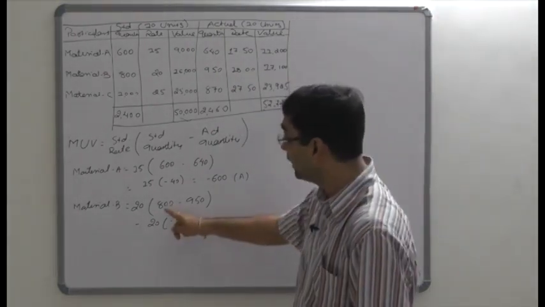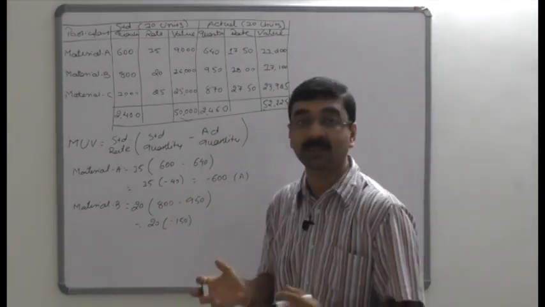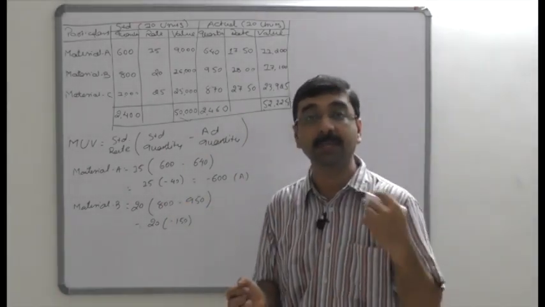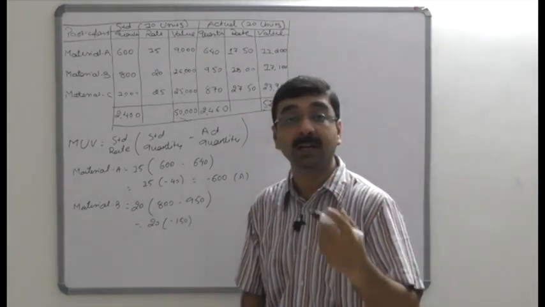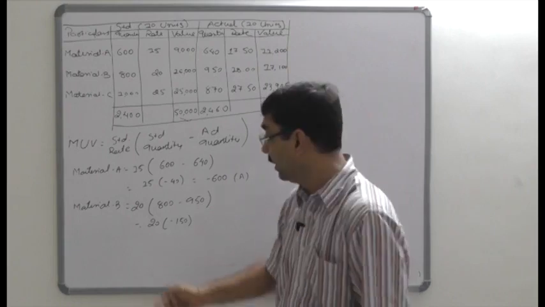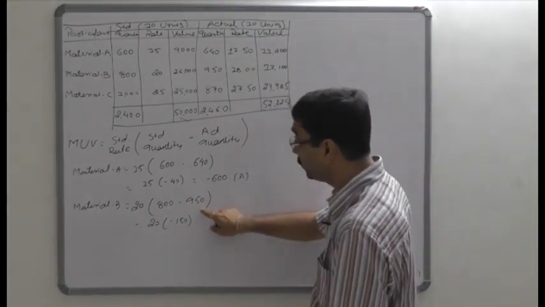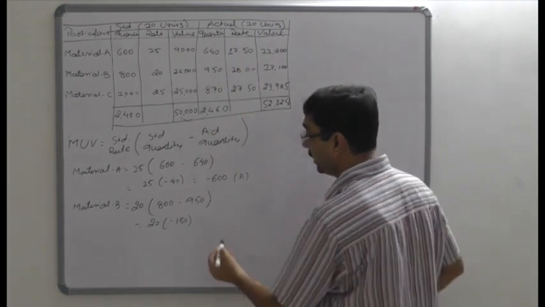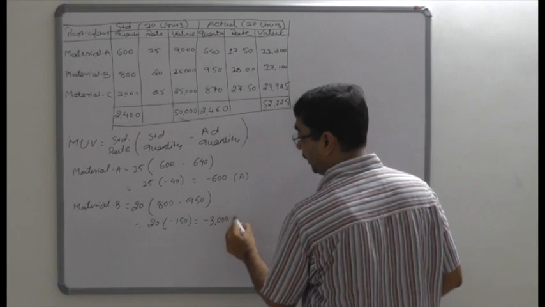They need only 800 quantity as per the calculation, as per historical ideas, as per the predeterminations, but they used 150 quantity more than the standard, that is 950 quantity for the manufacturing of 10 units, and that's why their answer is adverse 3000.